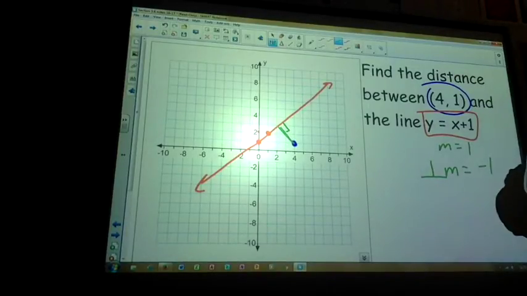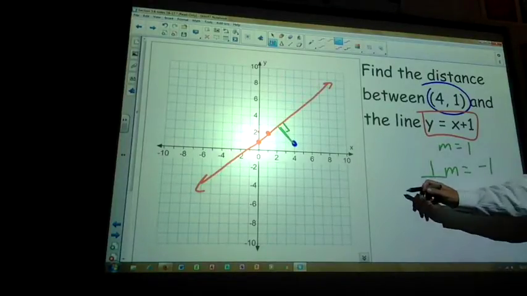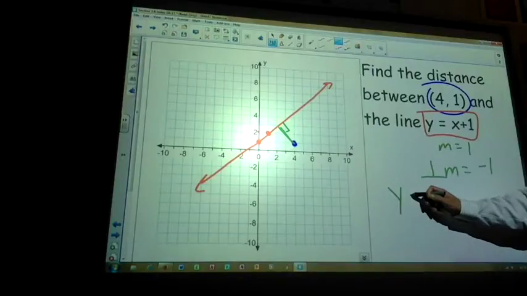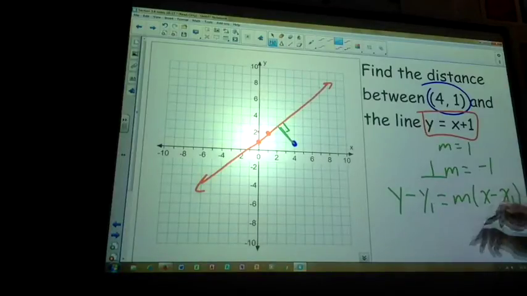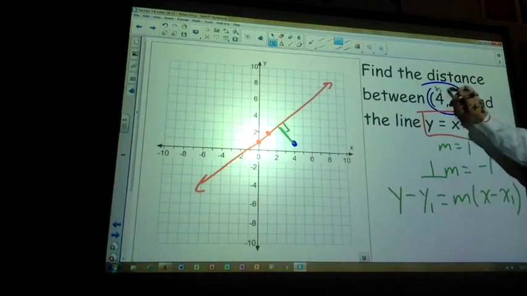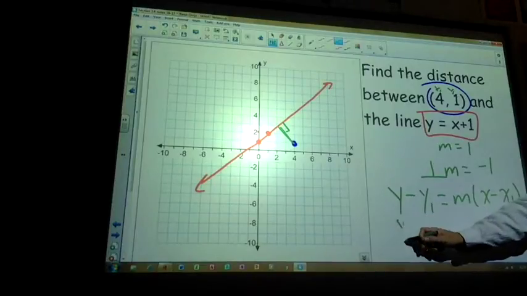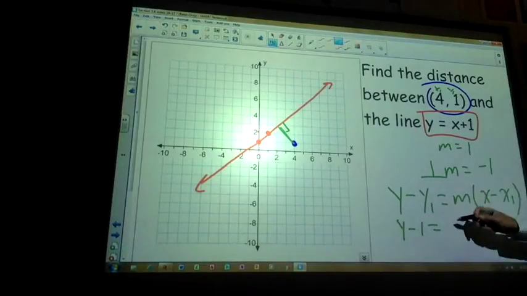So let's then do this. What can we do? y minus y1 equals m times x minus x1. Call that x1, y1. y minus 1 equals m times x minus x1. Oops, that should be 4.